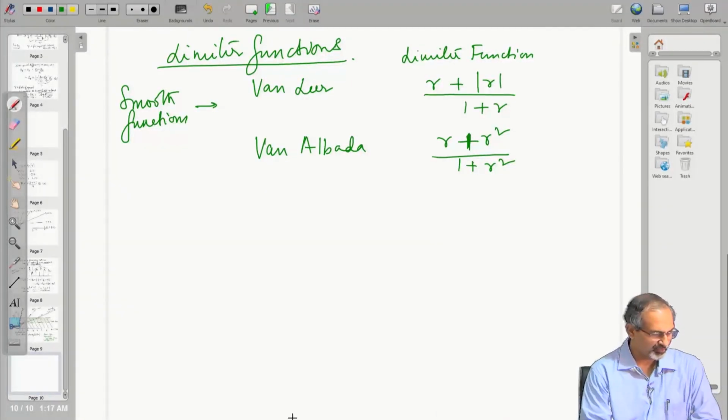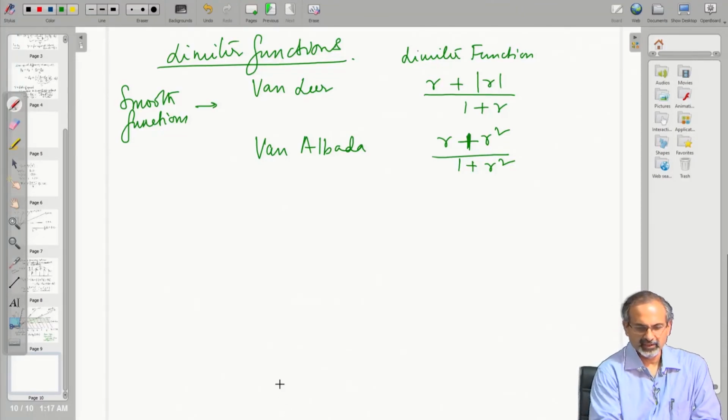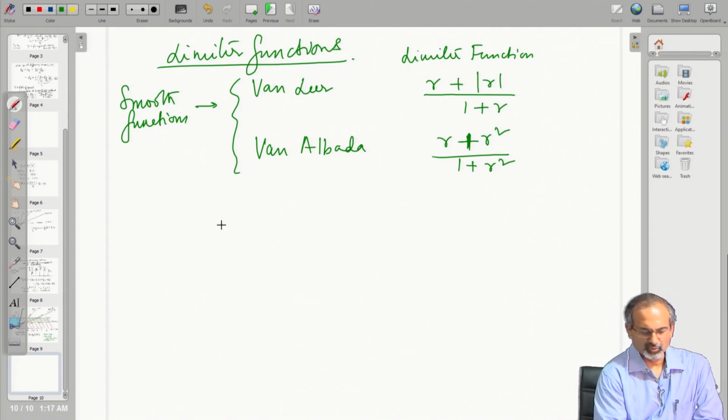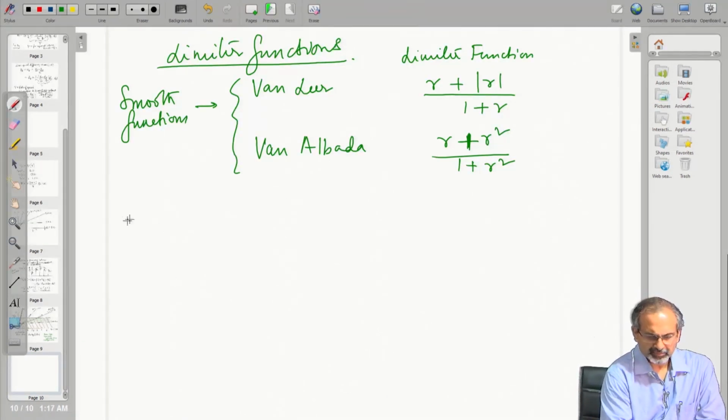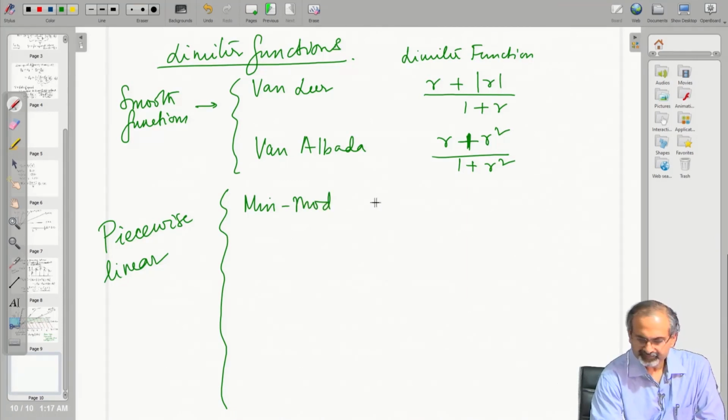Of course, you can try plotting these functions in the psi-r plane yourself to find out that they are actually smooth and how they are showing up in that plane. Again, you can have several piecewise linear limiter functions. A very popular one is the minmod.